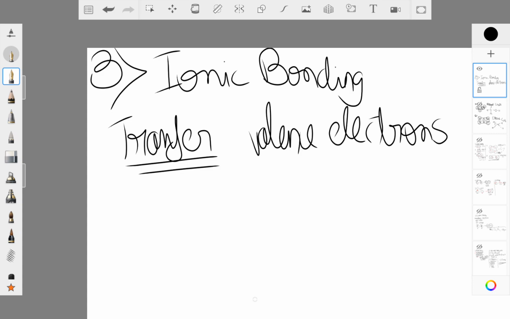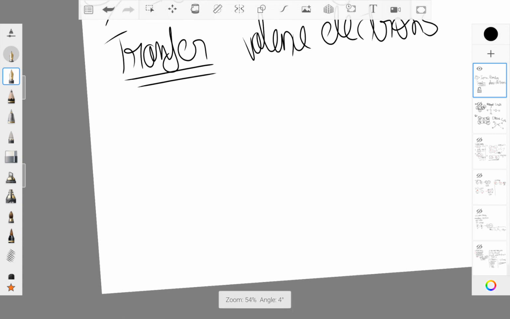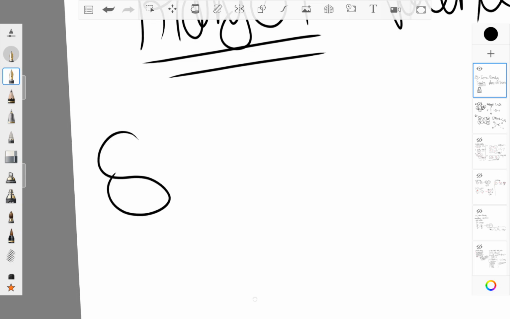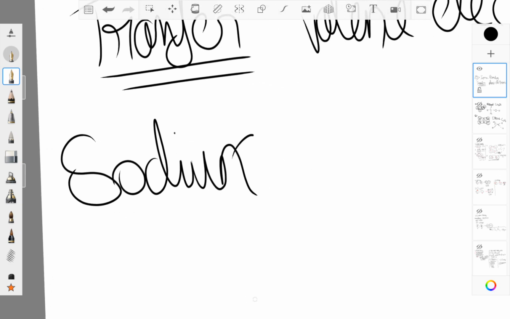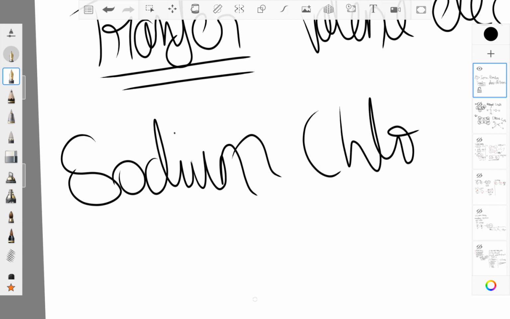I'm assuming we all know about how ions are formed. Ions are just charged atoms that are formed when an atom loses or gains electrons. And it's best to display this using an example. So let's look at sodium chloride. It's table salt, NaCl.